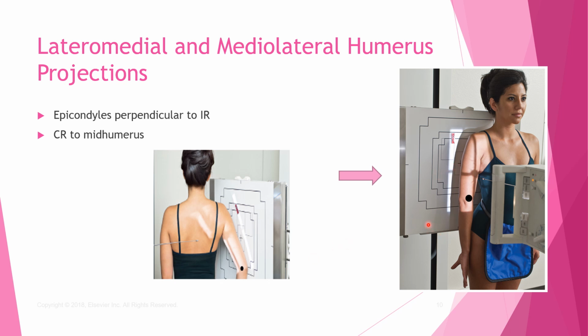This image here goes with 5.29 on page 186. So if you look at the book, they show you 3 different ways to do a lateral humerus, okay? The one image that's 5.30 is on the next slide.